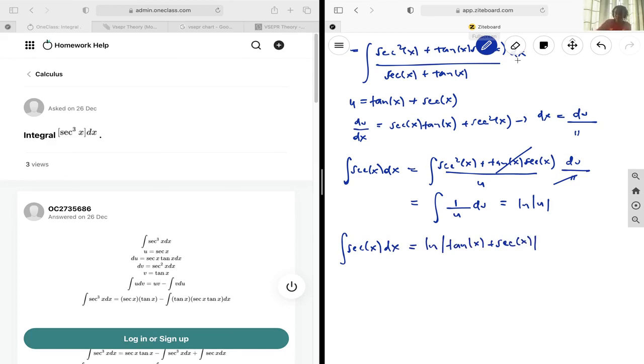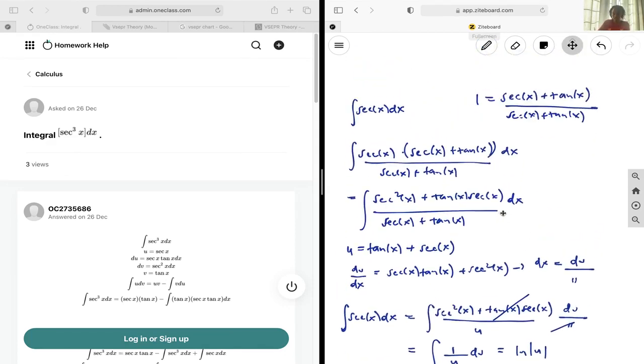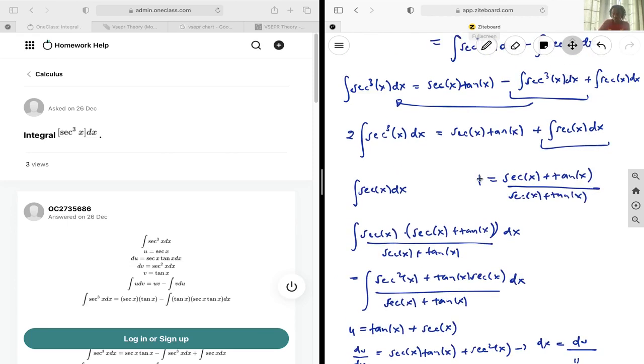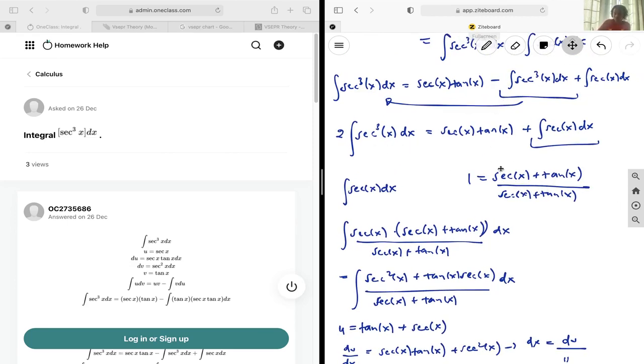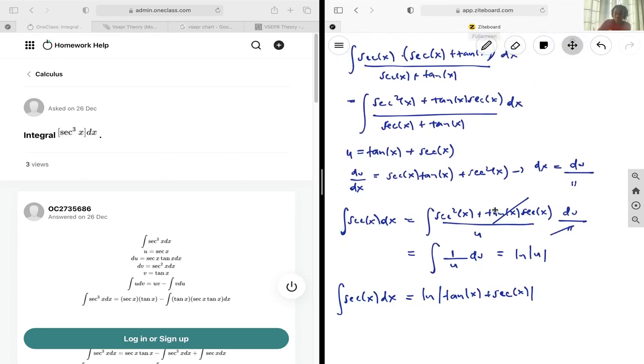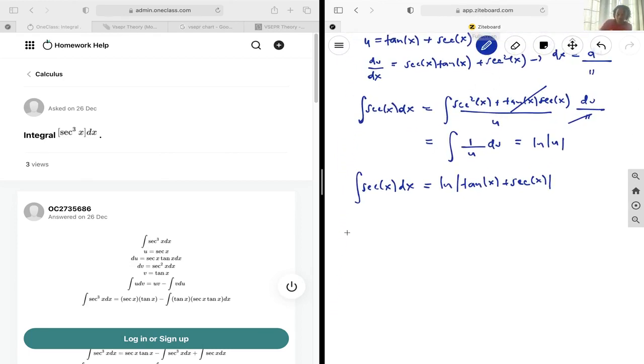Okay, and so now we put all of that back into what we have here. And so we have 2 times the integral of secant cubed x is going to be equal to secant x tan x plus the ln of the magnitude of tan x plus secant x, because that's what we got.